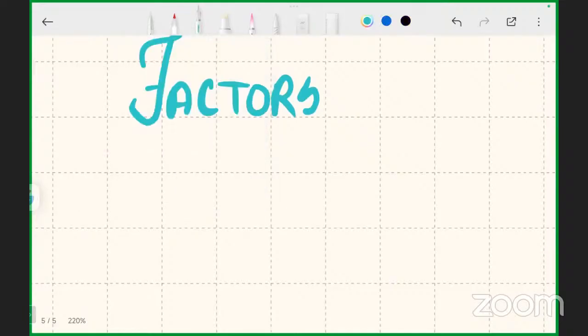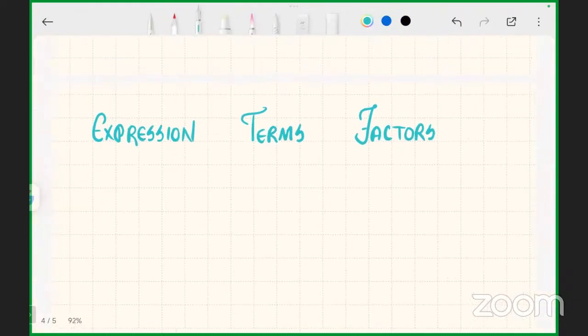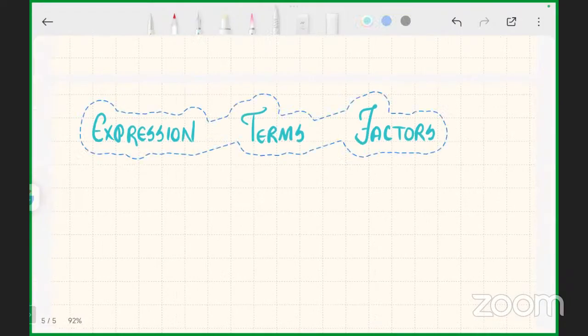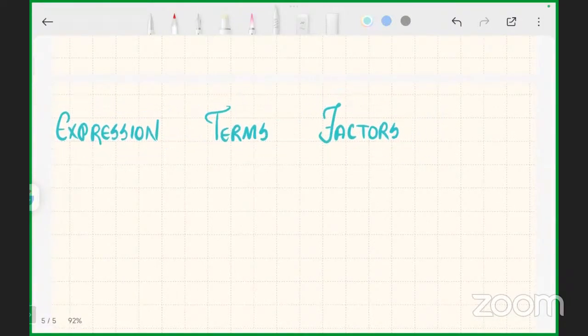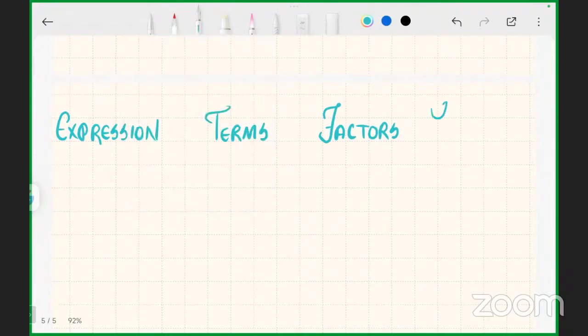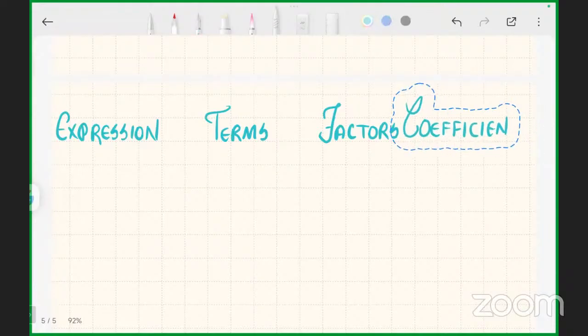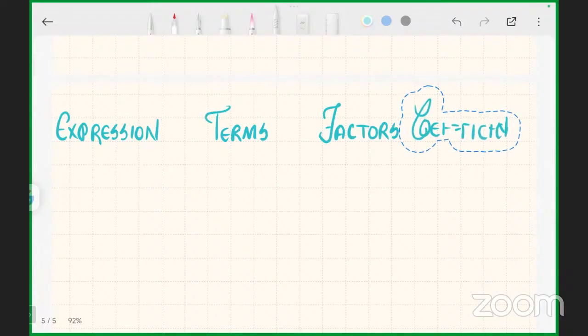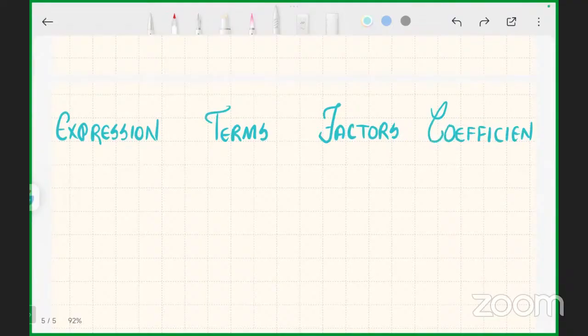Expression, terms, factors, coefficient. Okay, there is coefficient at the end.